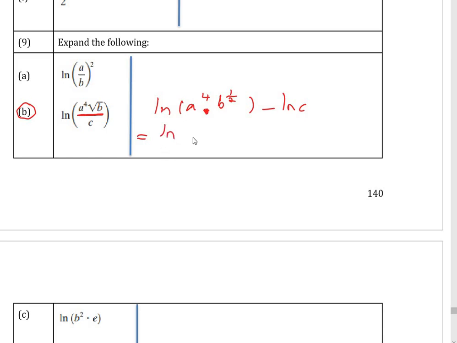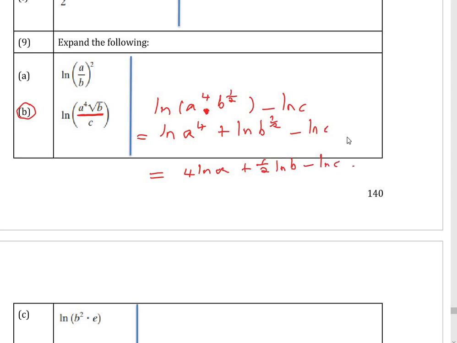So this is then ln a to the 4 plus ln b to the half, and then of course minus the ln c. And now I can just take the powers to the front. So it's 4 ln a plus half ln b minus ln c.